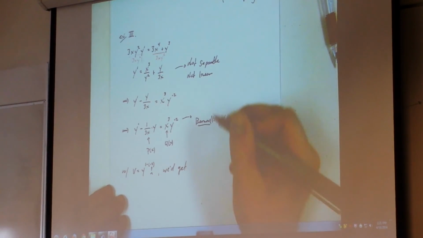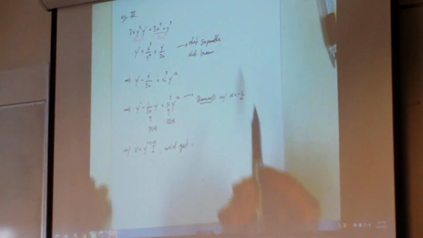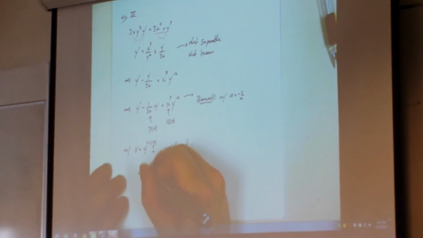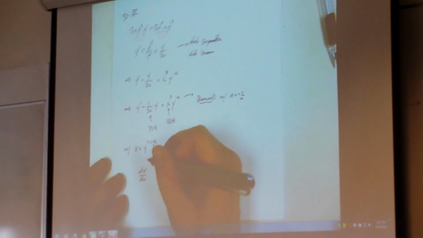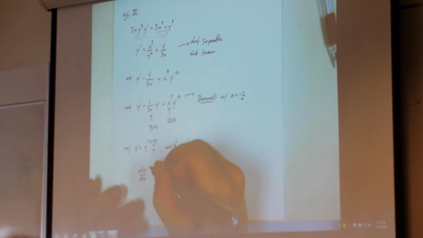we get, after transforming that, dv dx plus, what's 1 minus negative 2?